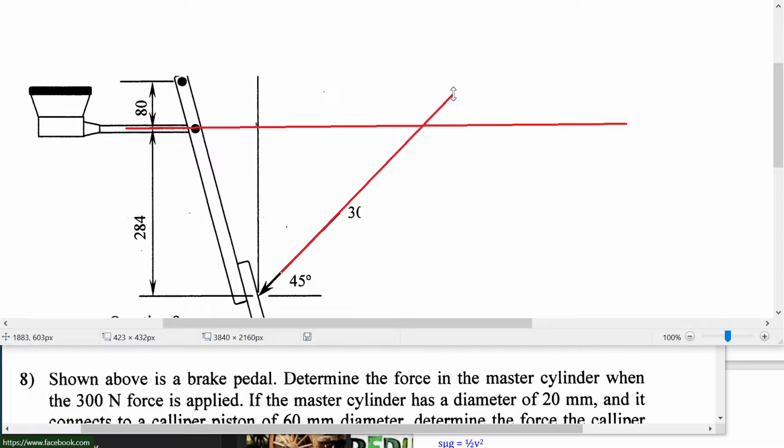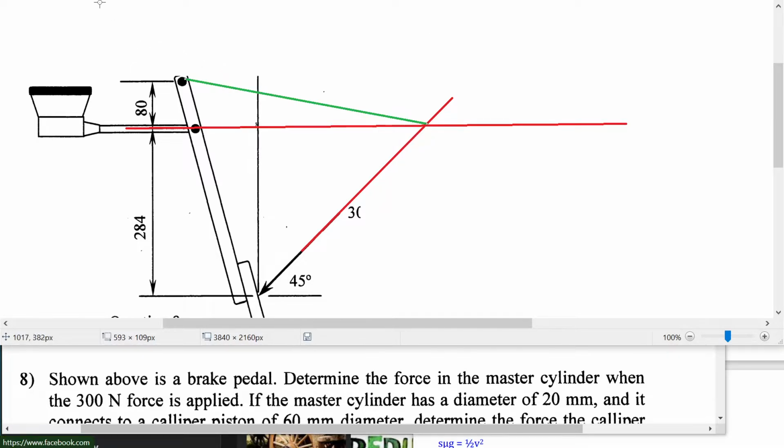So we're going to draw in this line up here. And with that, we've now found the point of concurrency. Once we've found the point of concurrency, we'll make that one green.